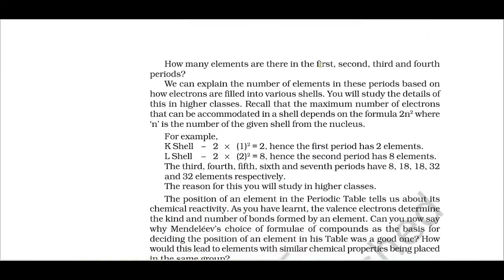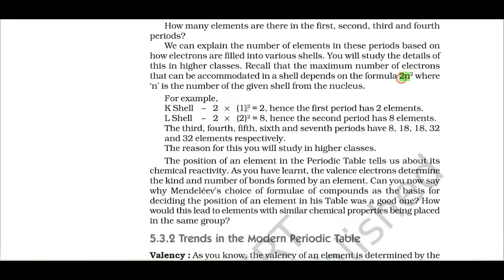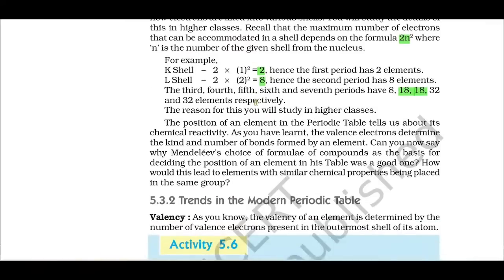See how many elements are there in the first, second, third and fourth period. It depends on the 2n square rule. First 2, next 8, next 18, 18, 32 and 32 elements respectively. The reason for this placement you can study in higher classes.